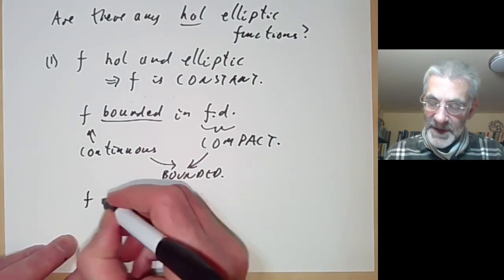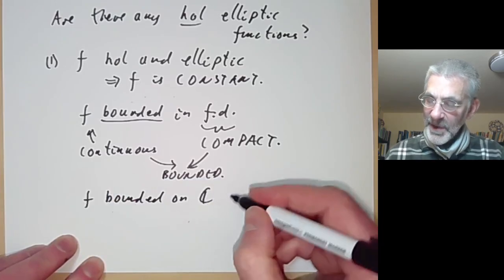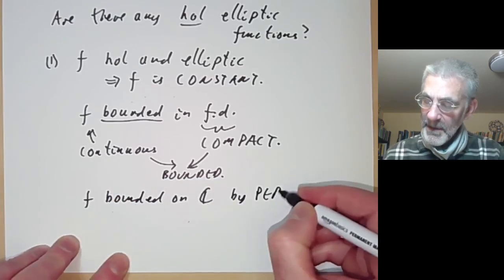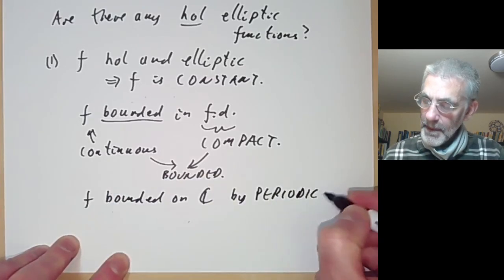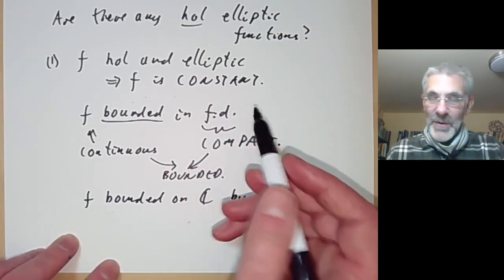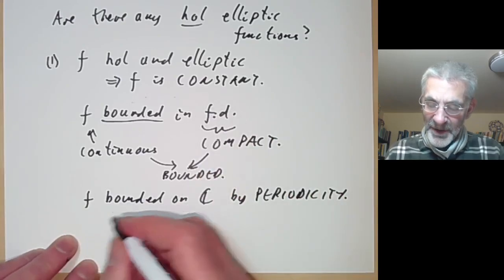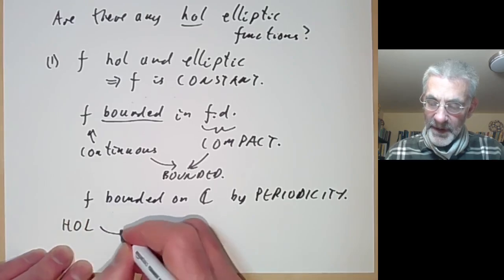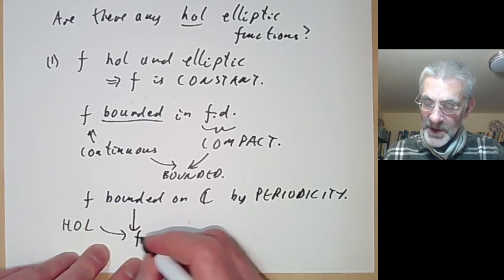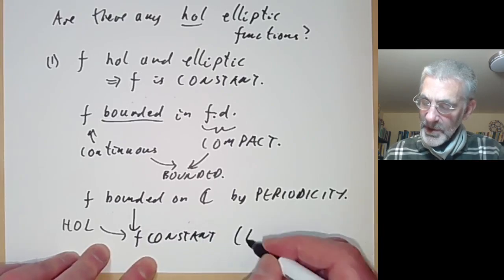So f is bounded on the whole of the complex plane by periodicity. It's bounded in the fundamental domain, and its value anywhere else is equal to its value in the fundamental domain. And if it's bounded and holomorphic, we know that f is constant by Liouville's theorem.